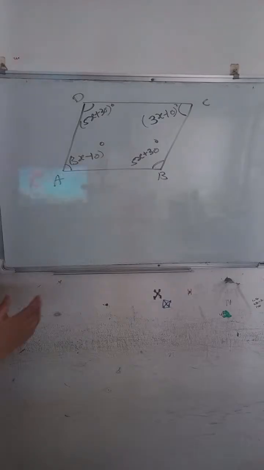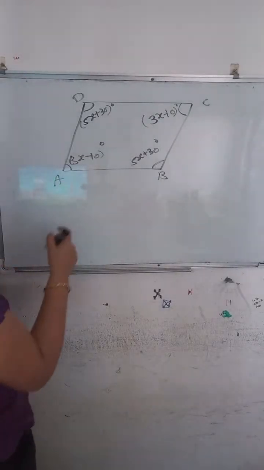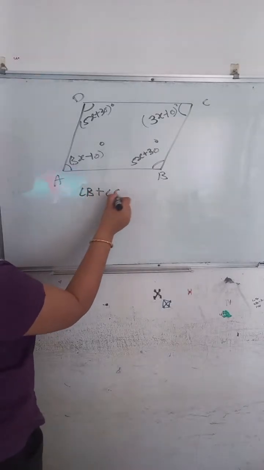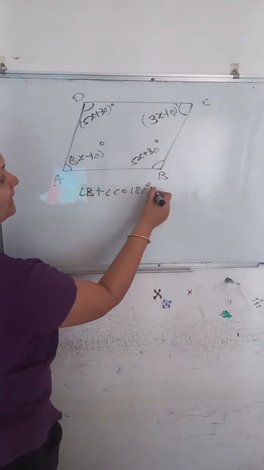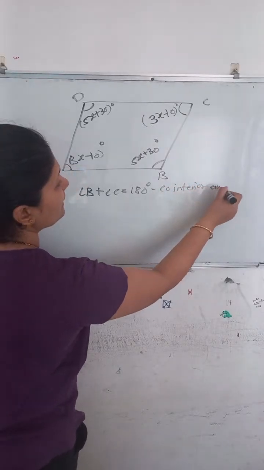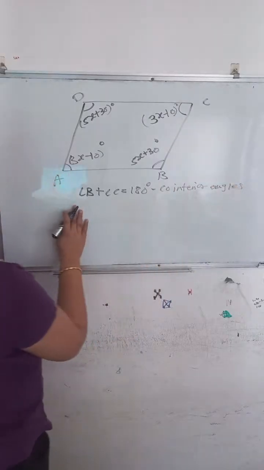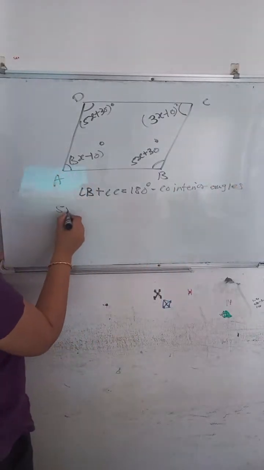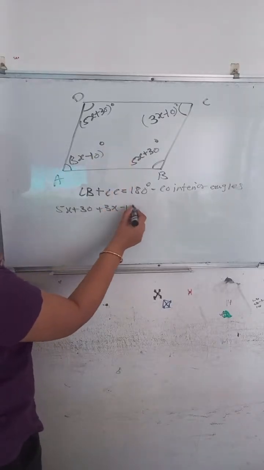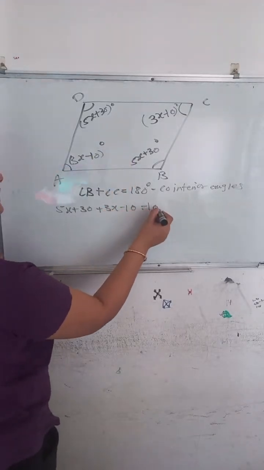Now I know that angle B plus angle C is equal to 180 degrees, that is co-interior angles. So angle B is 5x plus 30 and this is 3x minus 10, equal to 180.